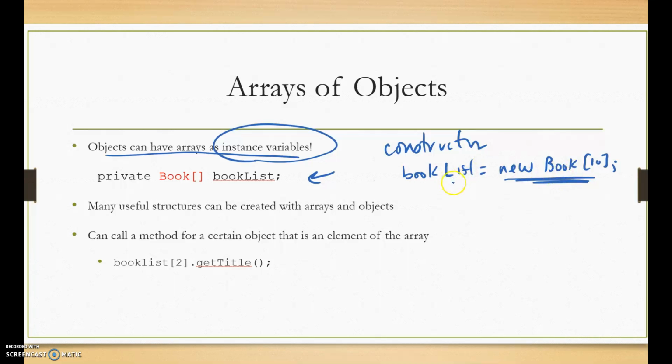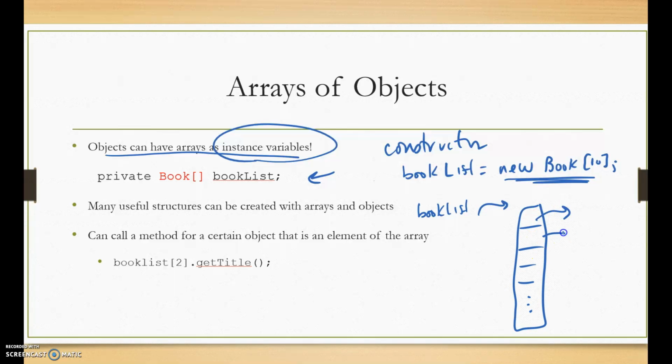So now this will go ahead and point to this array, which will point to other objects. So in memory, it would kind of look like this. We would say bookList points here, and then just pretend that that's 10 references, and each of those are going to point to additional book objects.